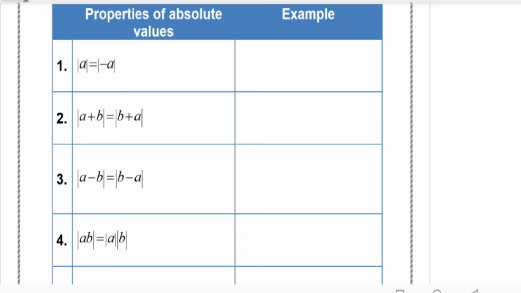For example, if we have absolute value of -3, then from what we have learned just now, we know that absolute value of -3 is equal to 3. And then absolute value of 3 is also equal to 3. So that means absolute value of 3 is equal to absolute value of -3, equal to 3.